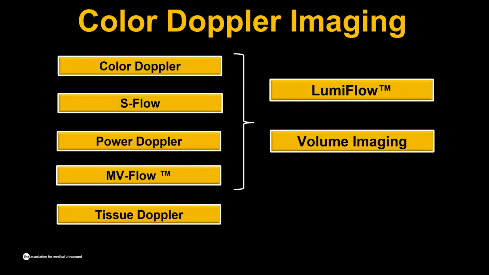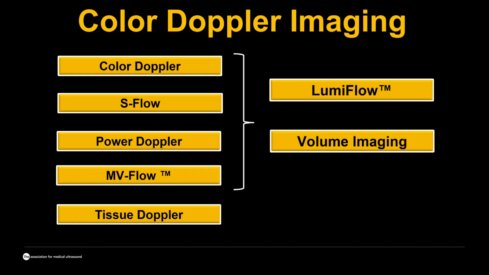So, color Doppler imaging. This is another essential and required part of the echocardiogram in fetal cardiac imaging. As you can see, color Doppler has a lot of modalities that are presented here. It could be the conventional color Doppler, or the power Doppler that allows you to detect the direction of the blood flow, called the S flow.